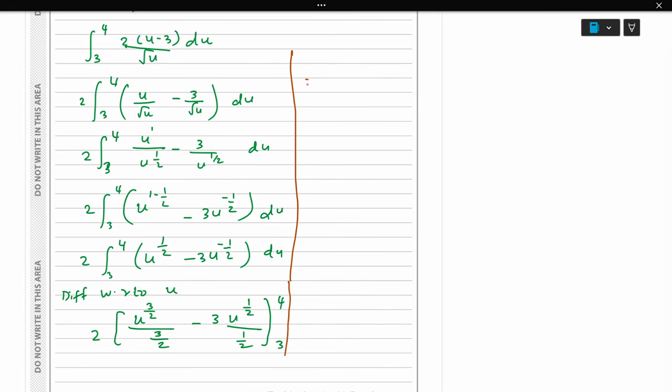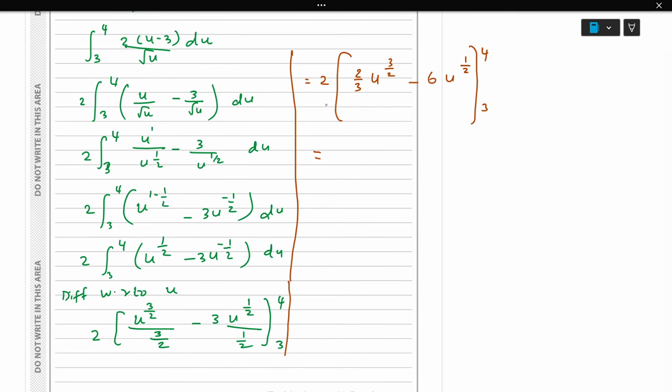The next step, 2 into, just simplify, so this becomes 3 by 2, when it goes up as a reciprocal, which is 2 by 3, of u power 3 by 2 minus this one, when it goes reciprocal, because 3 times 2 is 6, u power 1 by 2, the limit is 3 to 4.